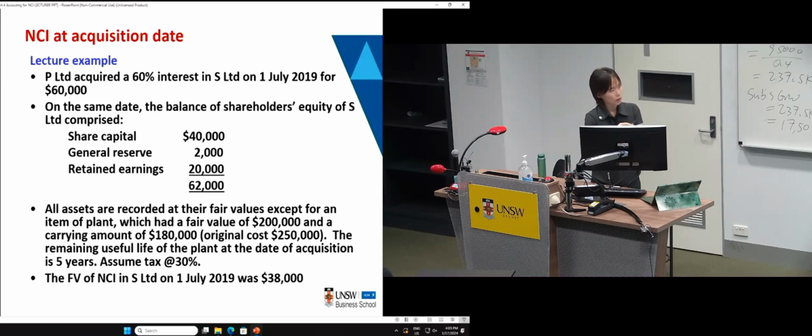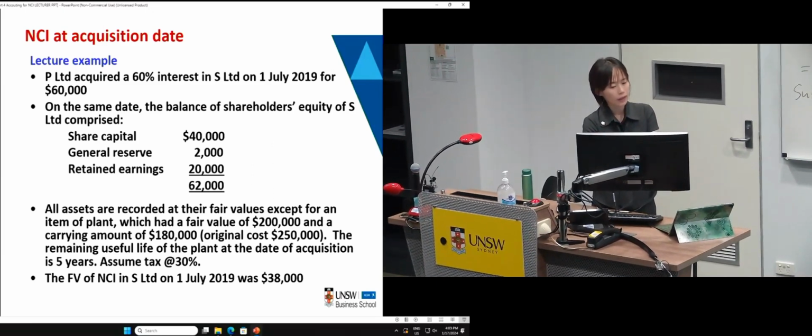Now, from the group perspective, the remaining depreciation amount of the plant is 200,000, right? Divided by 5 years, so each year the group should recognize 40,000 depreciation expense. However, in the record of the legal entity, the subsidiary, the annual depreciation expense since the acquisition is 180,000 divided by 5 years.